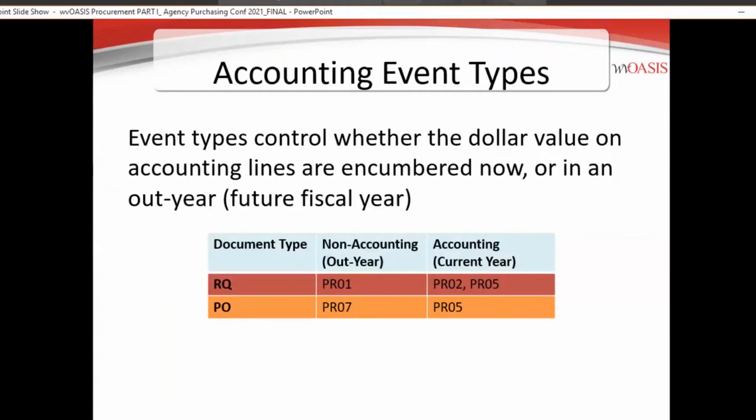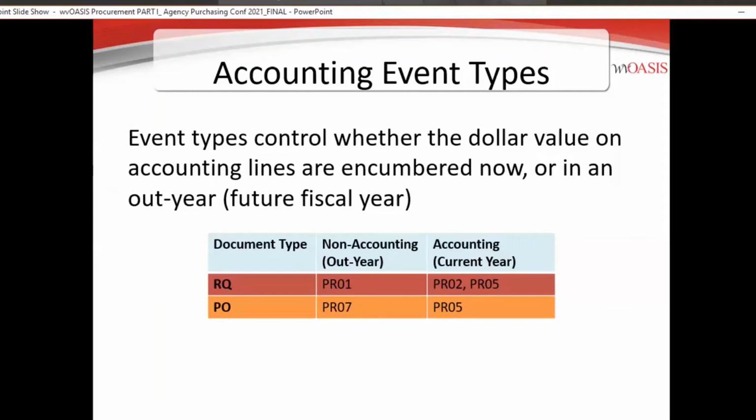Okay, the event types. The event types control whether the dollar amount that you are needing to reserve is going to be encumbered now or encumbered in the future. So you may have a contract that crosses fiscal years, or you may have a contract that has multiple out years.